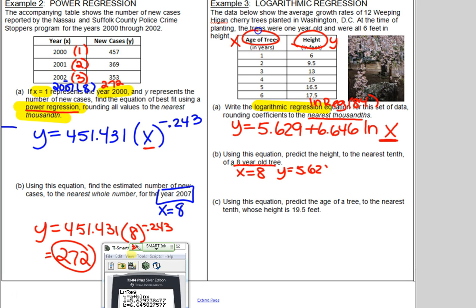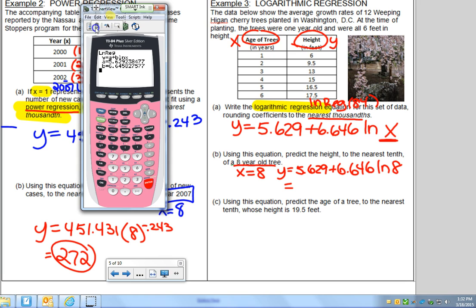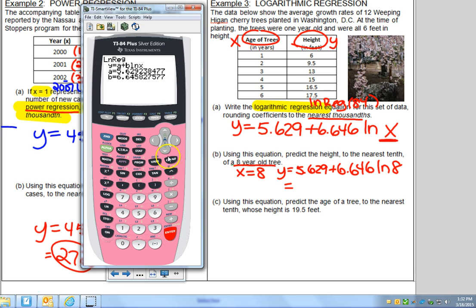Just make sure you show the fill-in for your work. This constitutes the work, and then you can do the rest in your calculator. Okay, now typing it in. 5.629 plus 6.646.